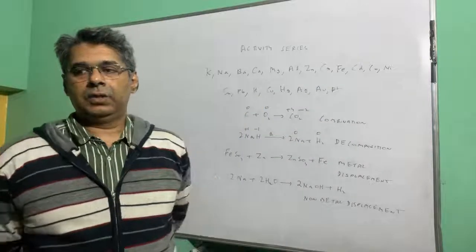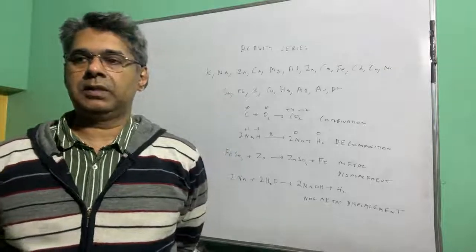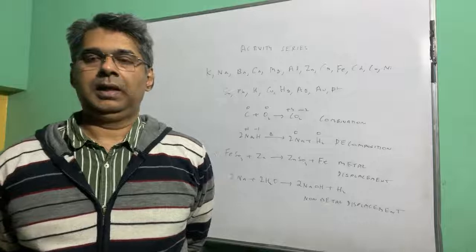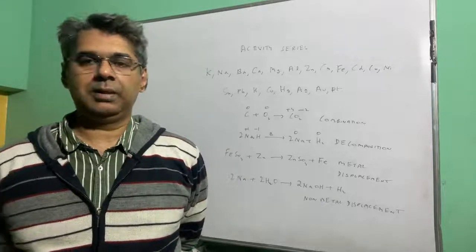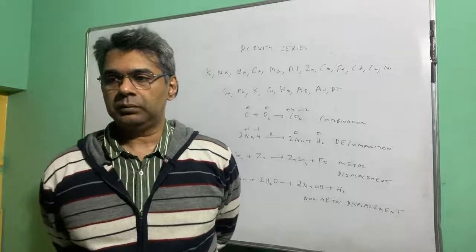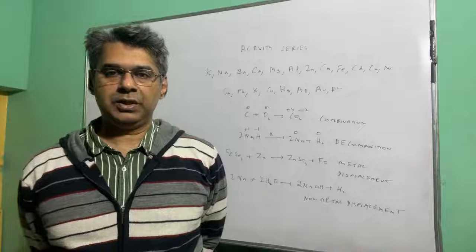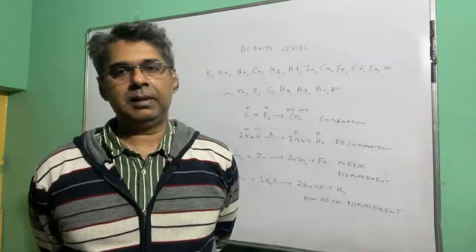So in today's meeting, we have discussed what is oxidation number, exceptional oxidation numbers, where you have multiple oxidation numbers of the same atom in the same compound, balancing by oxidation number, and balancing by the ion electron method, both in acidic medium and basic medium.